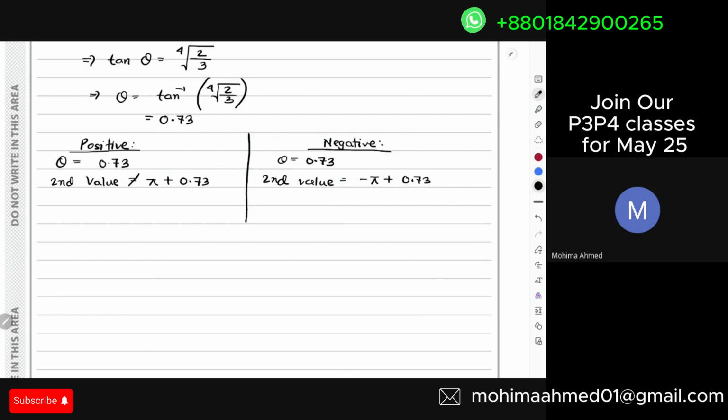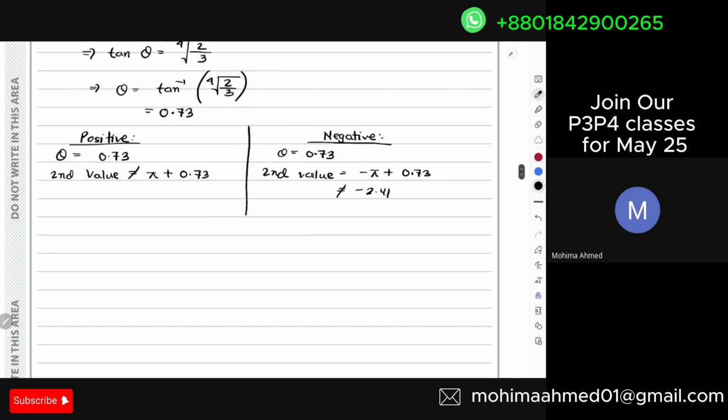If you calculate this, you get negative 2.41. This also doesn't fall under my range, because my range was plus minus 1.57. This is greater than my range, so I'm not going to accept this.